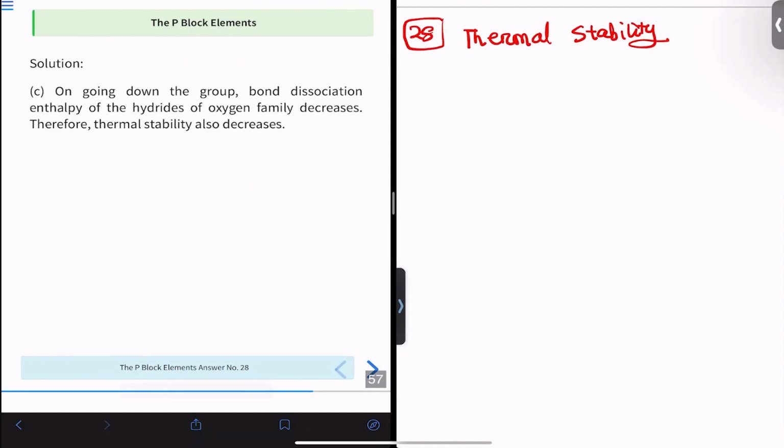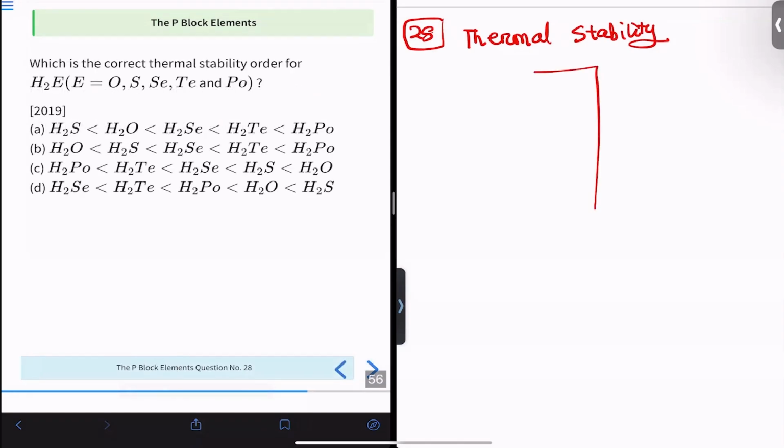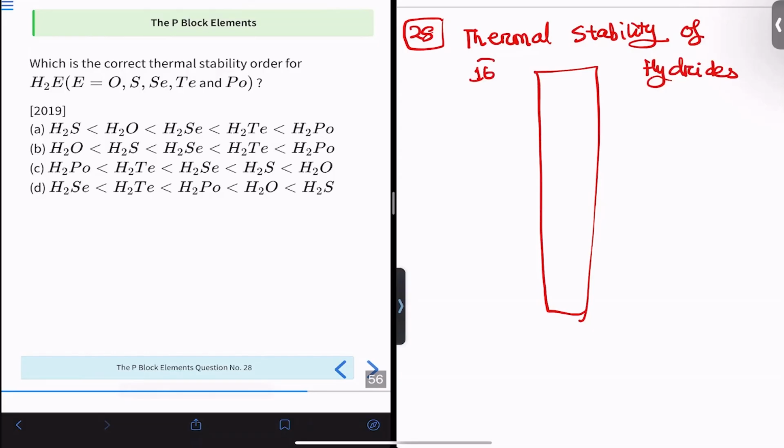For the thermal stability of hydrides, they're talking about group 16 of the periodic table.